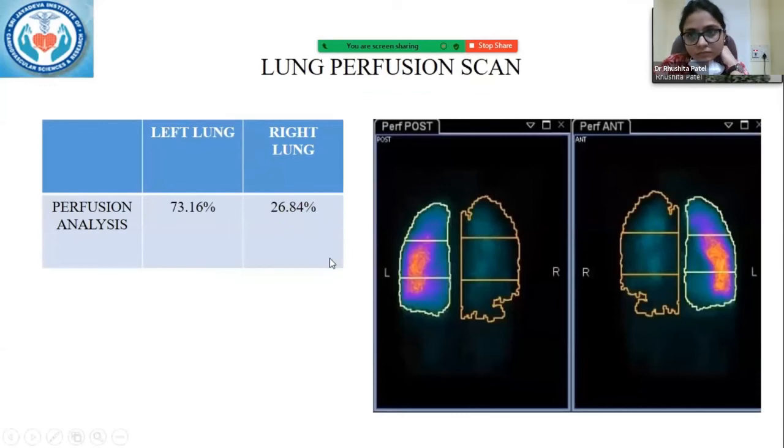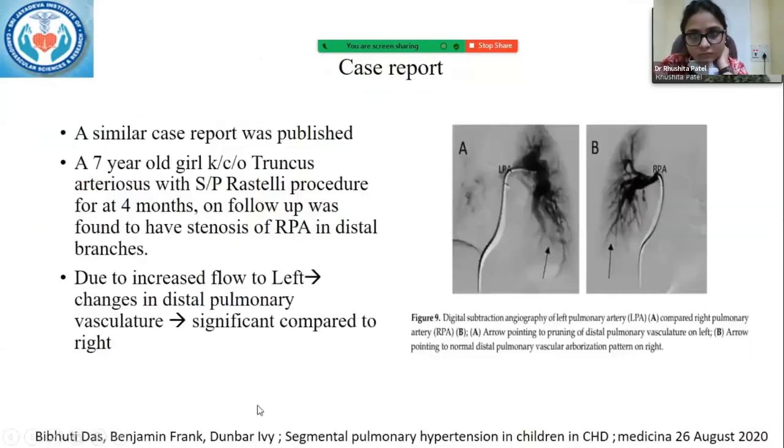A similar case report was noted in a journal in 2020. A 7-year-old girl, a known case of truncus arteriosus, status post RASTELLI done at 4 months of age, was found on follow-up to have RPA stenosis in distal branches.